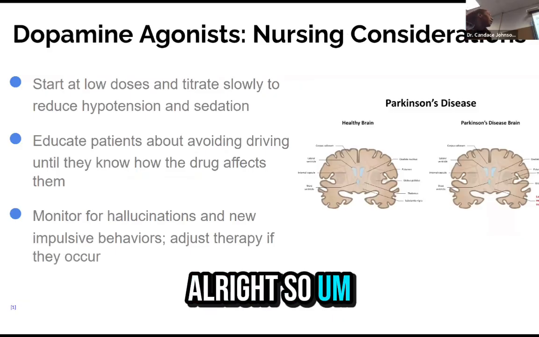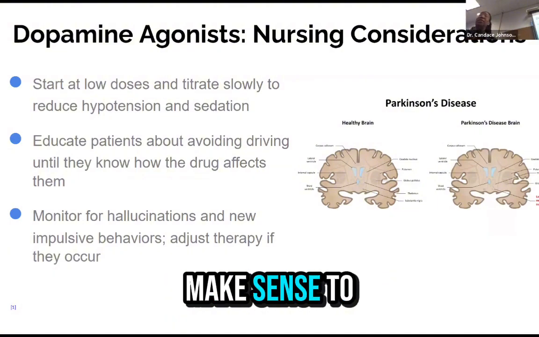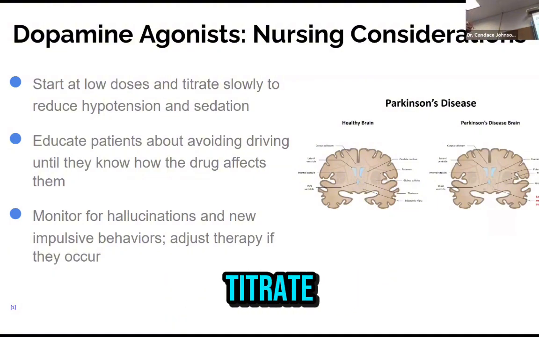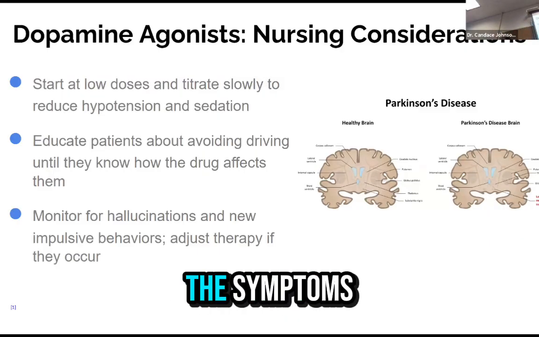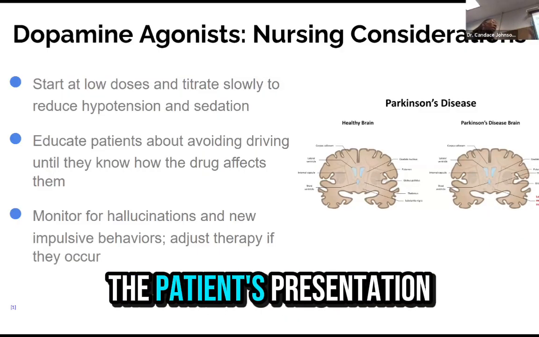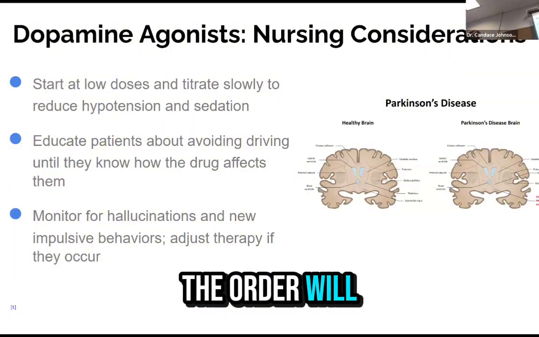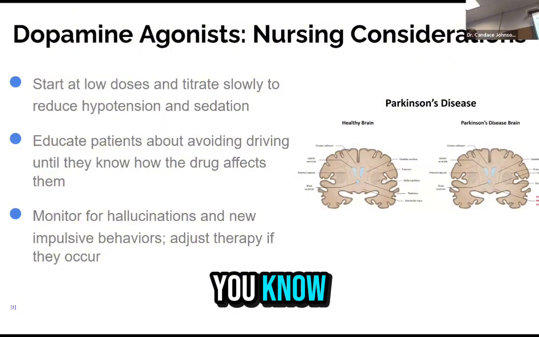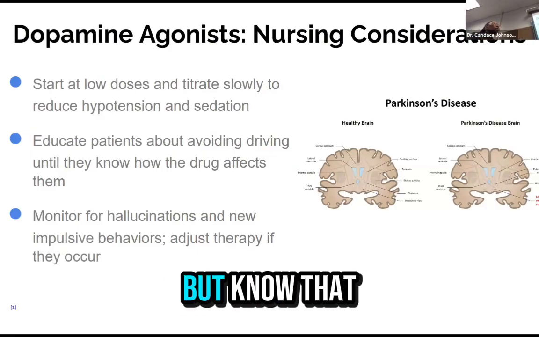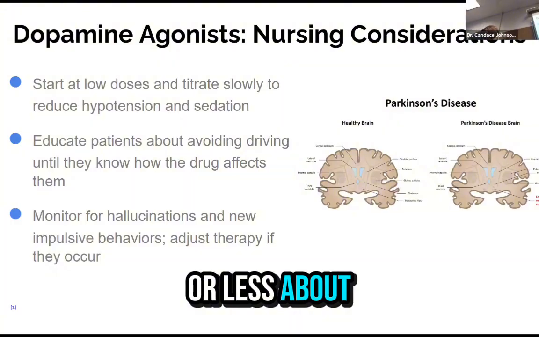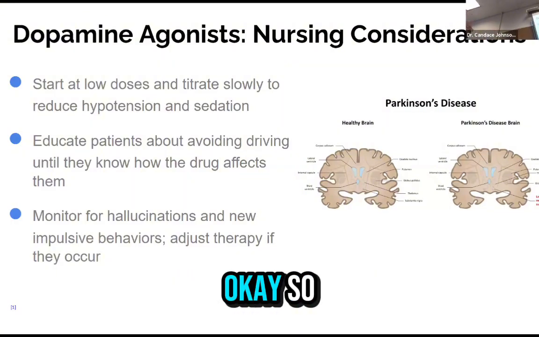All right, so we start at low doses with these medications. Makes sense, right? Makes sense to start at a low dose and titrate. And remember that word titrate is to increase or decrease the dose based on the symptoms, all right? Based on the patient's presentation, not on the order itself, right? The order will tell you how to administer the drug according to the symptoms, but know that it's really more or less about slowing down or increasing the drug according to the patient's response, okay?